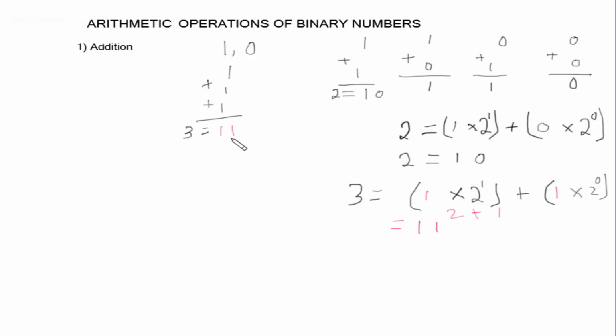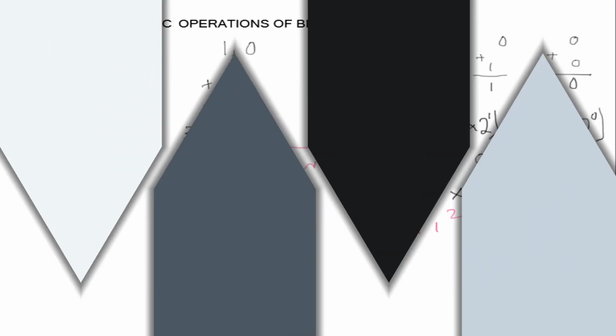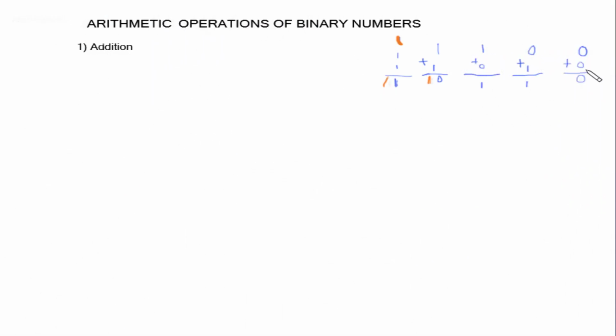When there are cases where we have to make a carry, the rightmost digit will be written and the leftmost will be carried. Now, having this in mind, let's jump into an example. Summarizing, 0 plus 0 will get us 0, 0 plus 1 will get us 1, 1 plus 0 will get us 1, and 1 plus 1 will get us 2, which has a binary representation of 1, 0.